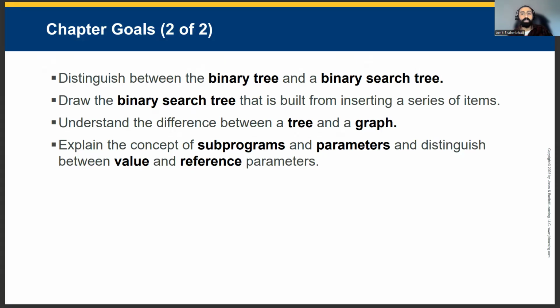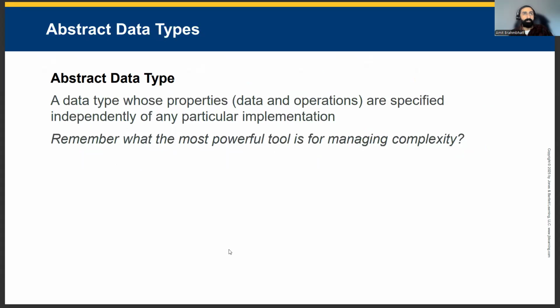Finally, we shift into subprograms, learning how parameters work and how value versus reference parameters influence data flow inside functions. These core ideas are essential for structuring programs in any language.